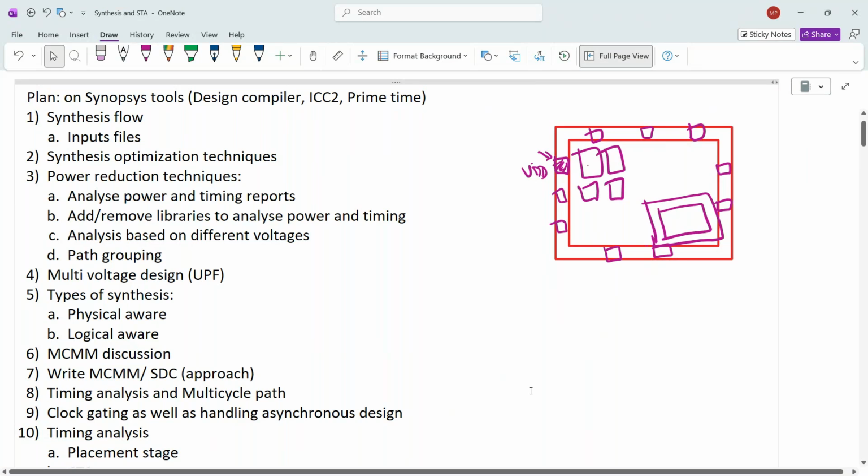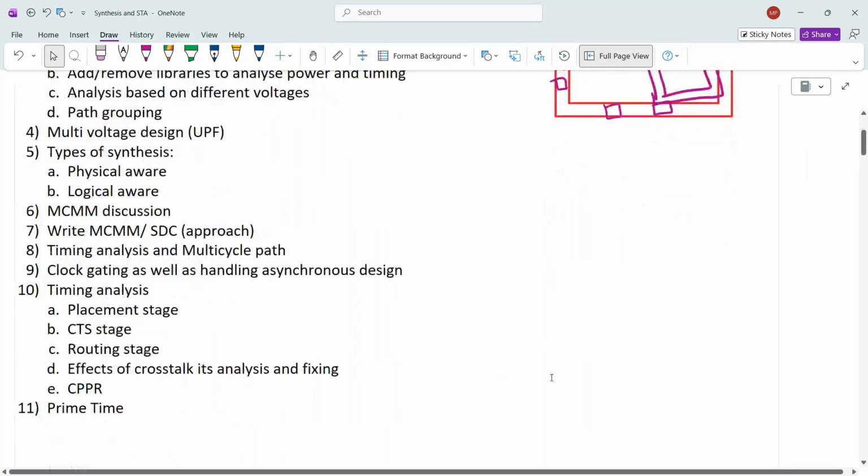STA during PNR also, we are going to cover PrimeTime during the signoff. Yes. Okay, sure.